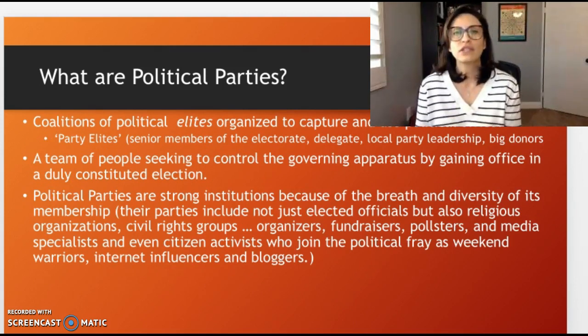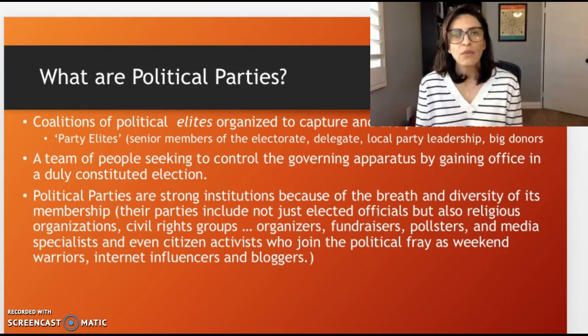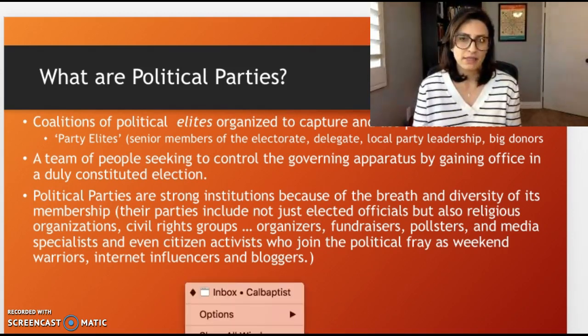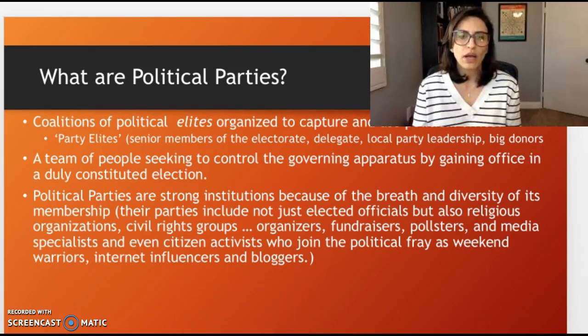They're also a coalition of political elites. When you think about the word political elites, you get a kind of a vision of political party bosses, for example, or you think about people at the Democratic or Republican national conventions, like the chair of the DNC or the RNC.